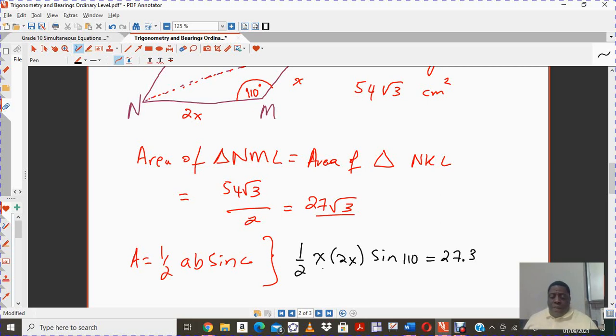Okay. So here, if you multiply this, you have 2x squared over 2 sine of 110 equals 27√3.